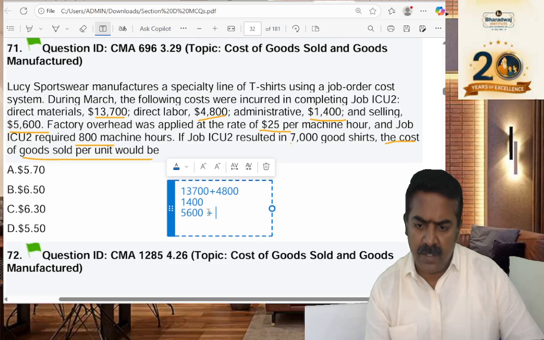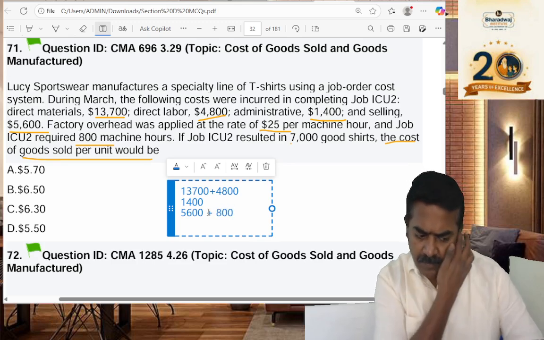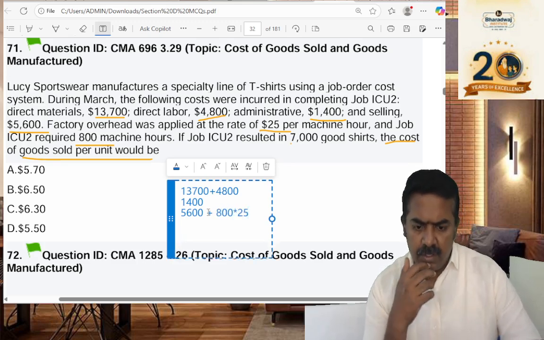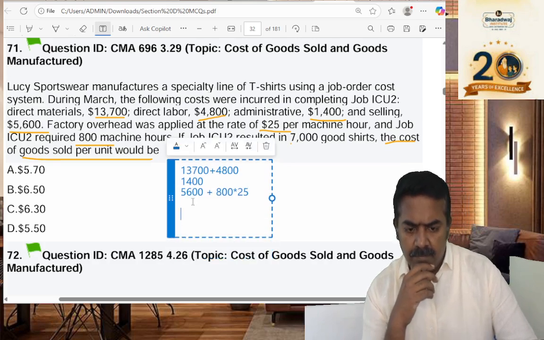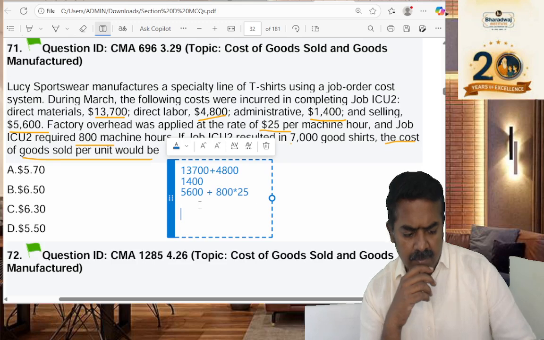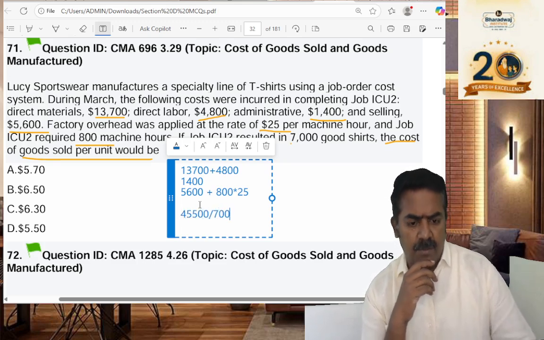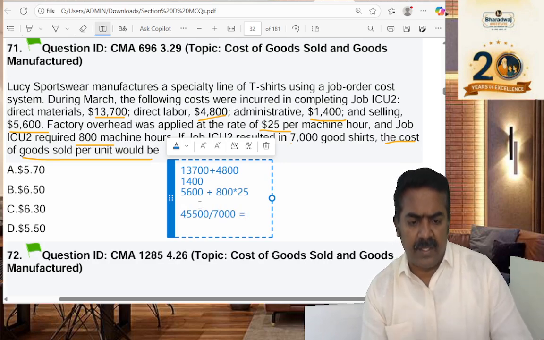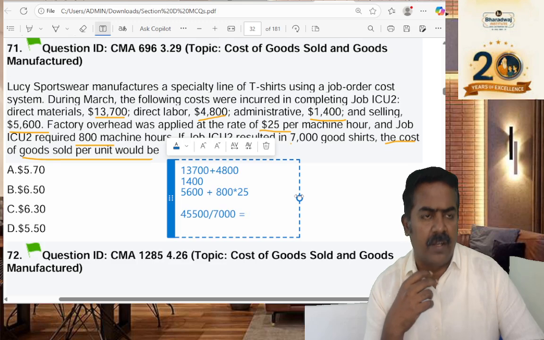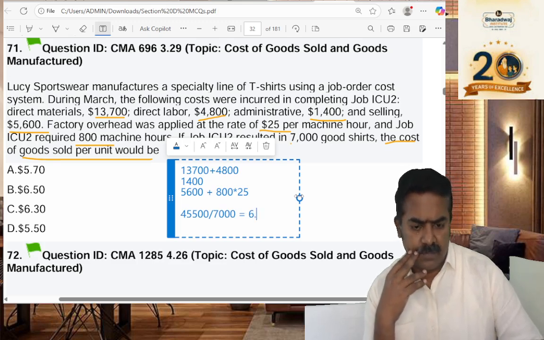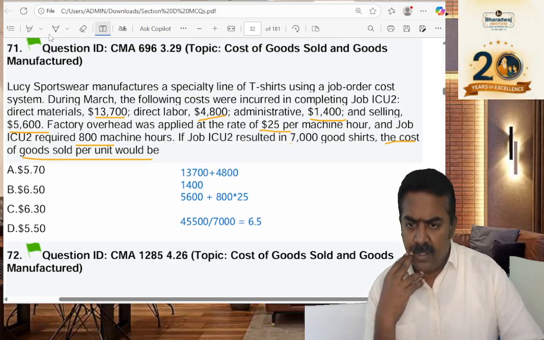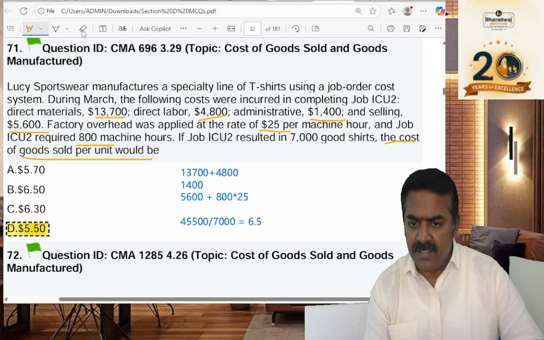This plus 800 into 25. What is the total cost you are getting? 45,500 divided by 7,000. How much are you getting? Cost of goods sold per unit they asked. 6.5.